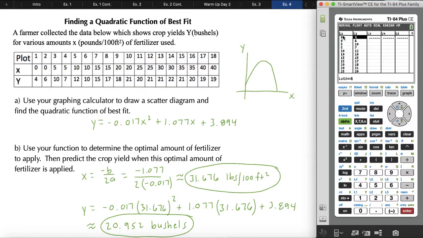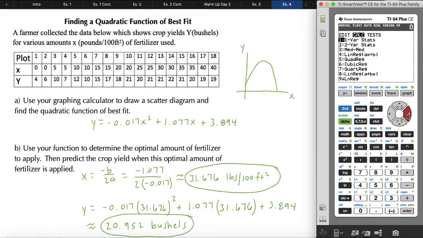You want to put your data into List 1 and List 2. Once they're in List 1 and List 2, you'll go back to the Stat button. You'll go over to Calculate. And this time we want option 5, which is for quadratic regression. We're choosing that because we're noticing the data has a quadratic trend to it.